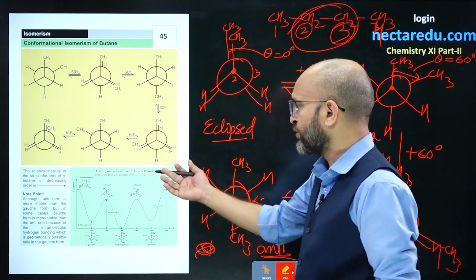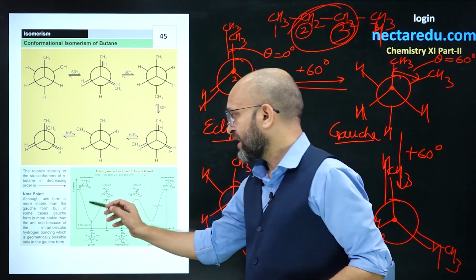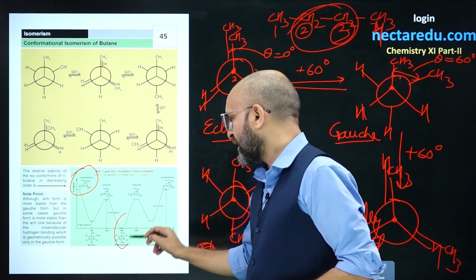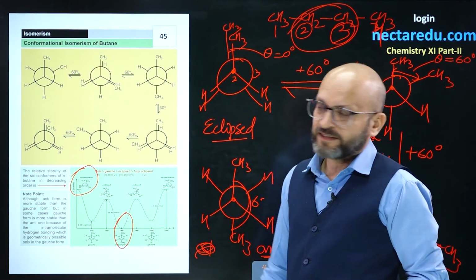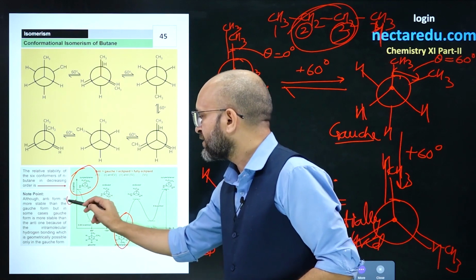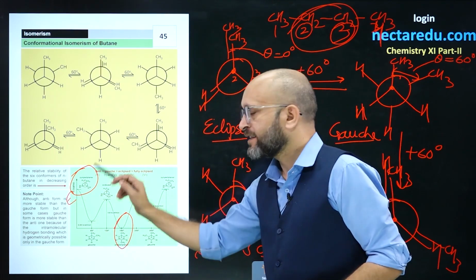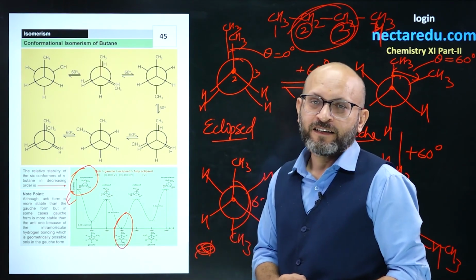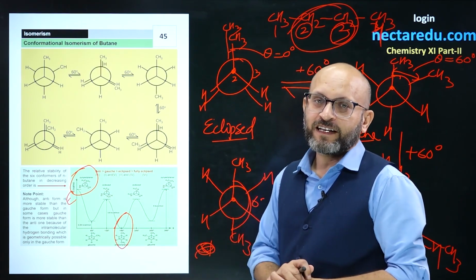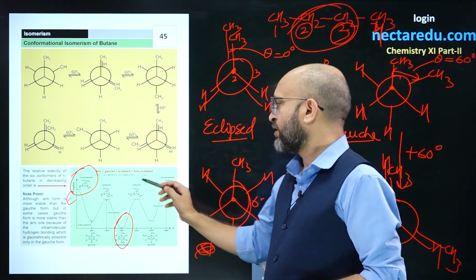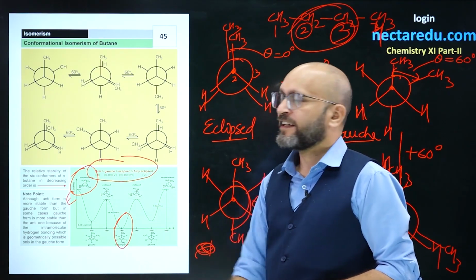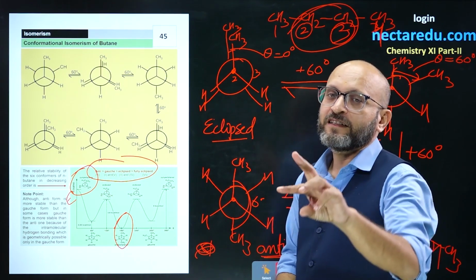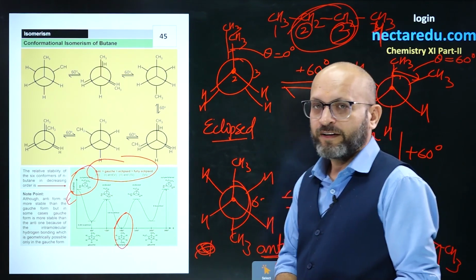We have a graph out here where you can check out eclipsed, highest in energy, and anti, which is lowest in energy. On the y axis energy is there, so highest energy is for eclipse and lowest energy is for anti. Stability order we have already discussed: anti, gauche, partially eclipsed, and least is eclipse. Energy, you just flip the order.